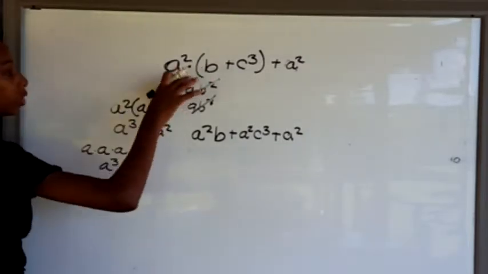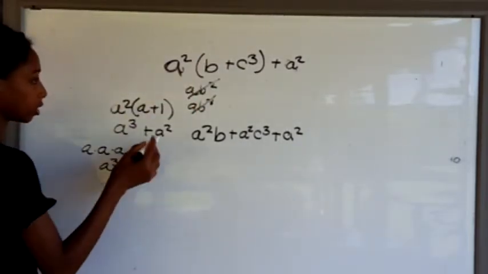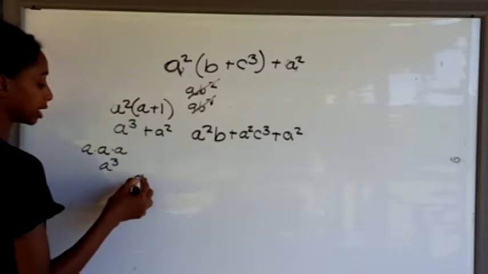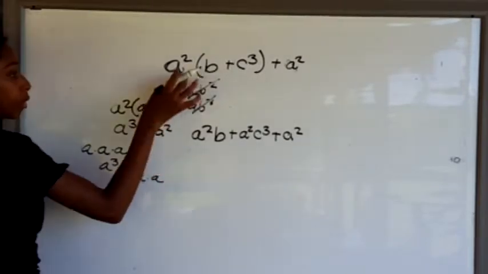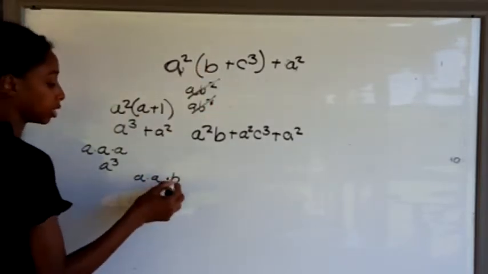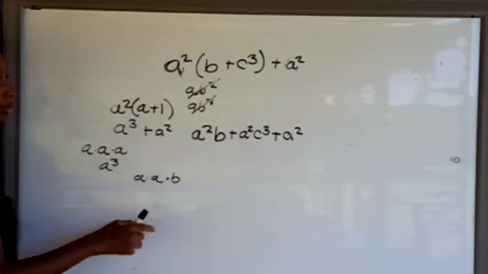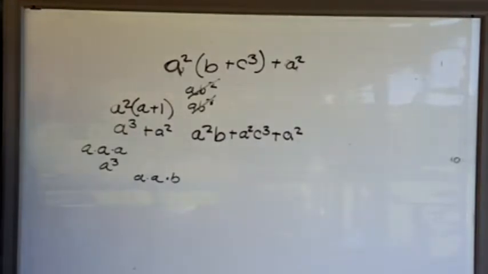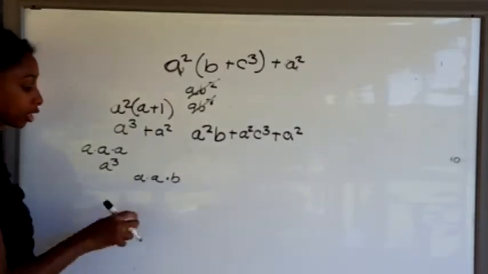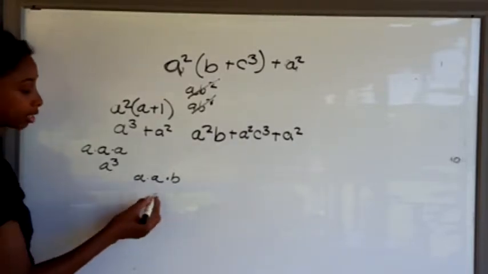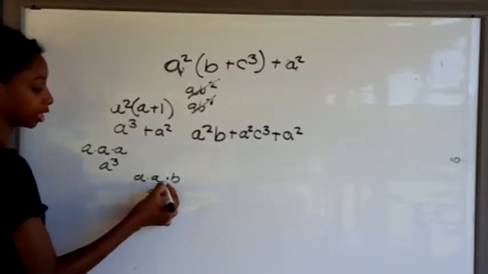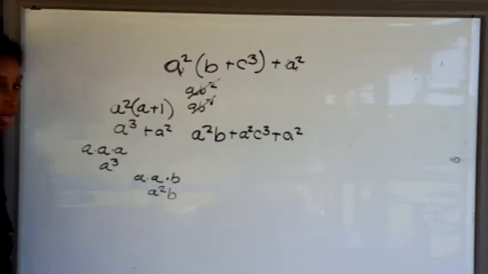Here, we can't do that. We can't say we have a squared, which is a times a, and then we're multiplying it by b, so that's a cubed or ab cubed. That's just a times b. The shorter way to write a times a is a squared, and then we're still multiplying it by b.